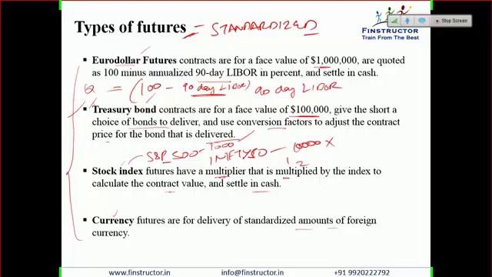Each contract will be for a particular number of stocks, or a particular amount of the bond or the currency, and then you can take one contract, two contracts, three contracts, and so on. Nothing conceptual, just that different types of assets have different standardizations done by the exchange. It's not such a big issue in financial instruments because quality is not such a problem, but for commodities and related assets, standardization definitely has to be there because quality can be a big question mark.